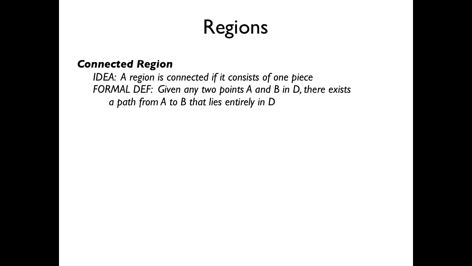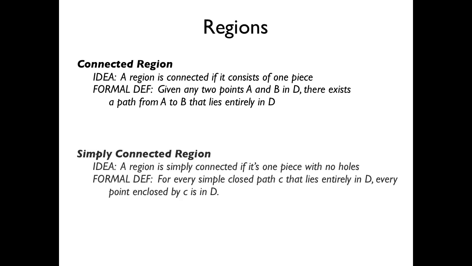So we were talking about regions, a connected region. The idea of a connected region is it's one piece, okay? And then a simply connected region is connected, it's one piece, and it has no holes in it. So, for instance, this: is it connected?